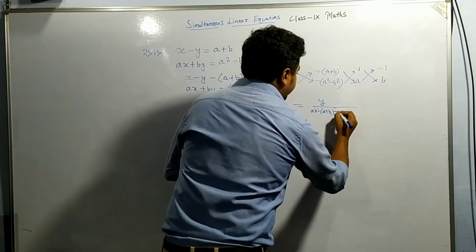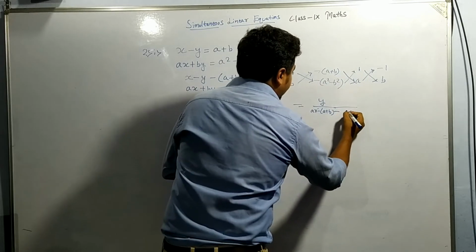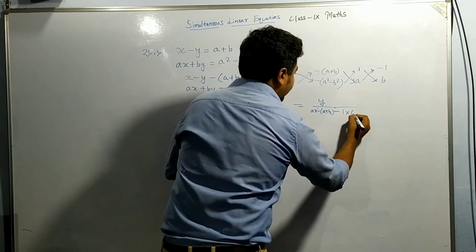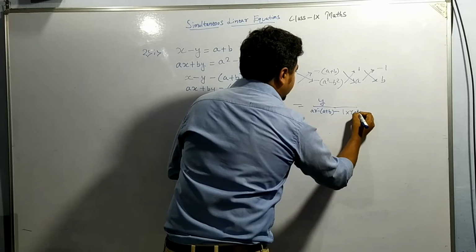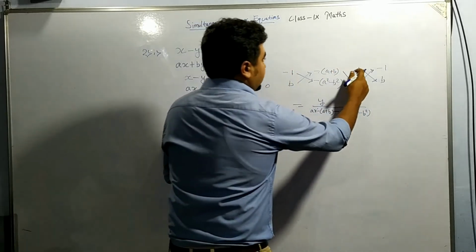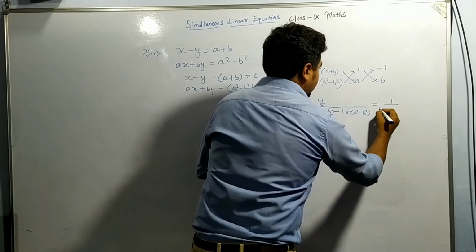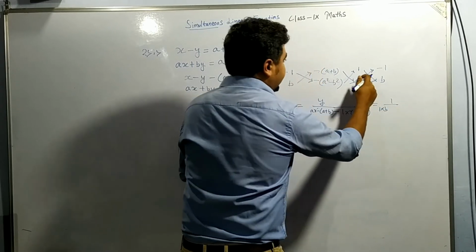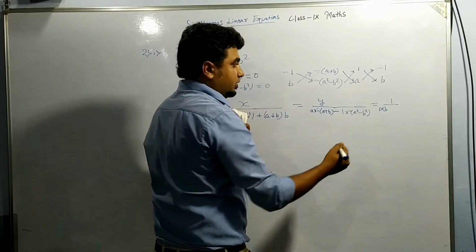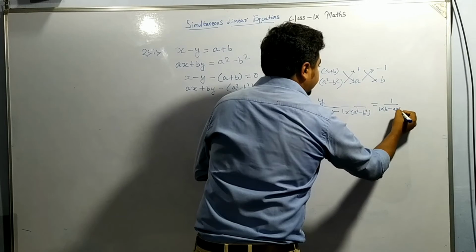I told that when I will be taking to left side top, and this is minus 1 and 1 into minus of a square minus b square. And again the third term is 1 into b, and here it is a into minus 1, minus of a into minus 1.